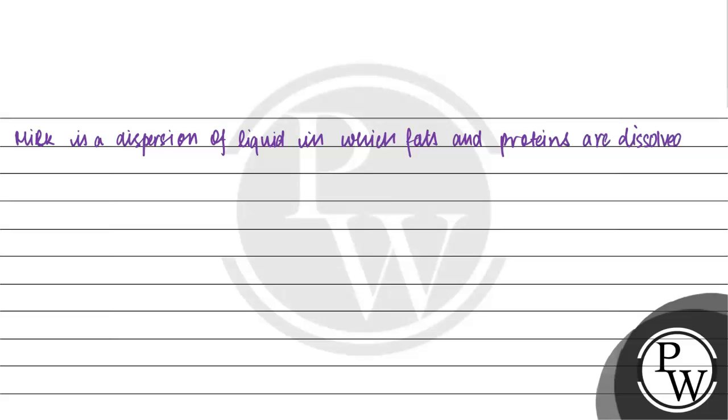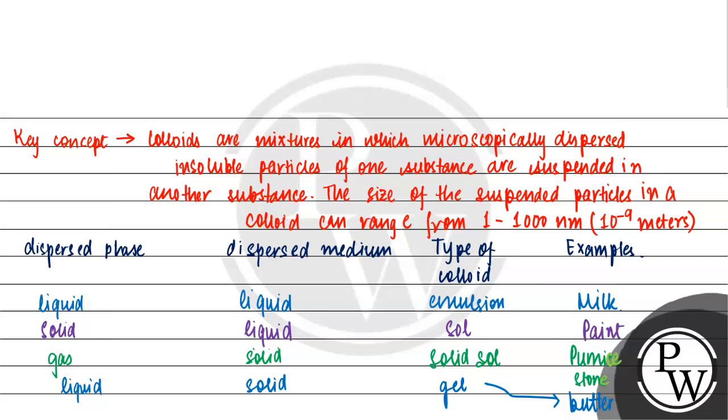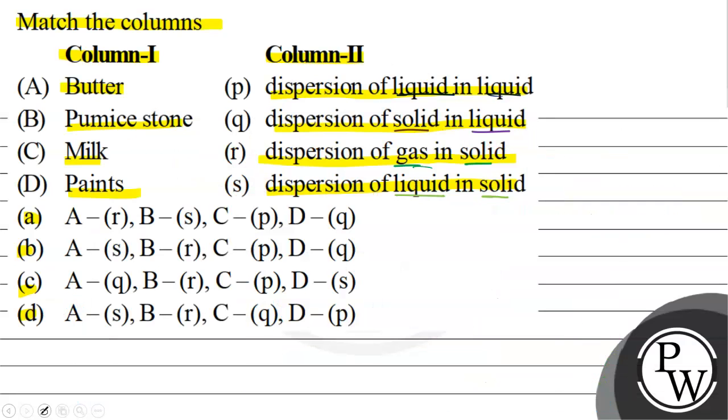So our milk will match with emulsion, liquid in liquid. So let us write A, B, C and D. Our milk is option number C. C will match with dispersion of liquid in a liquid, which is emulsion, and milk will match with that. So our C matches with P.